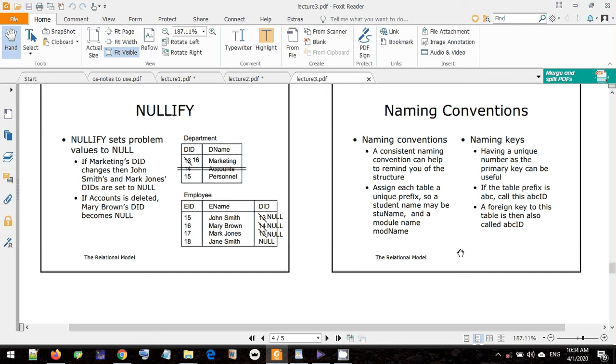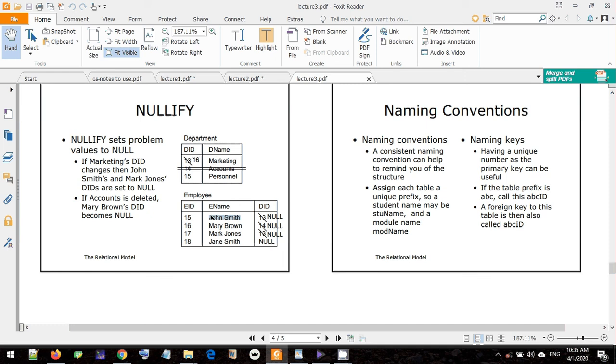Nullify sets the values to null. If marketing DID changes, then John Smith and Mark's DID would equally change to null. What does that mean? Let's say we change marketing DID from 13 to 16.